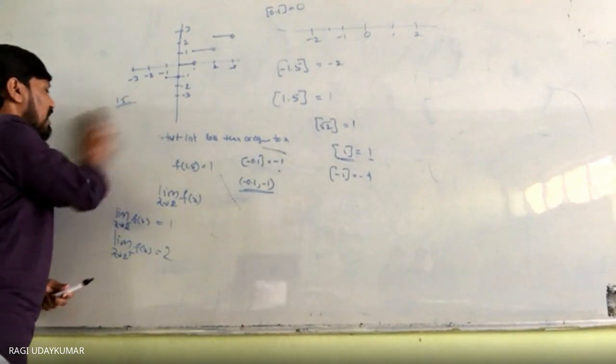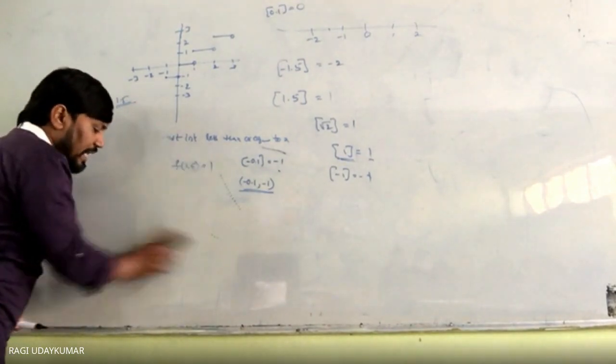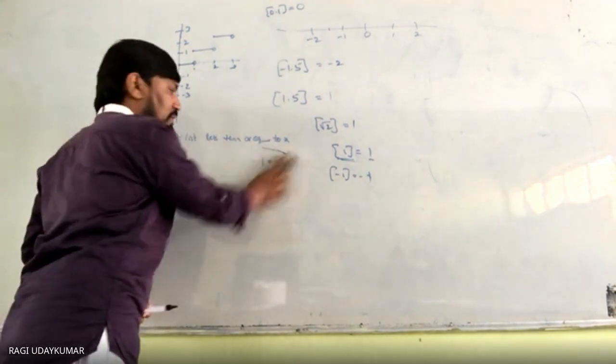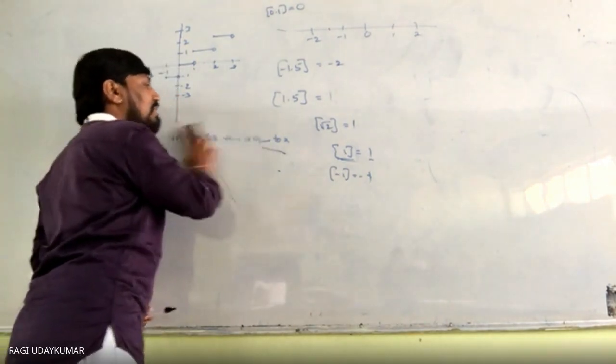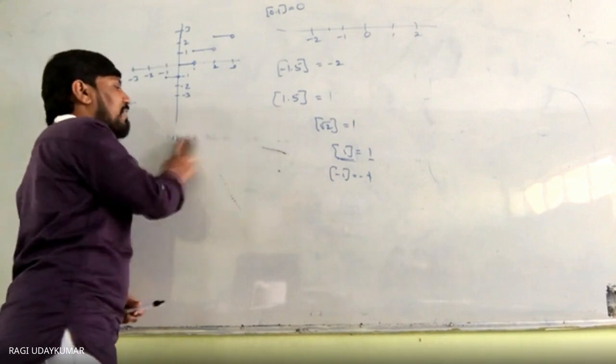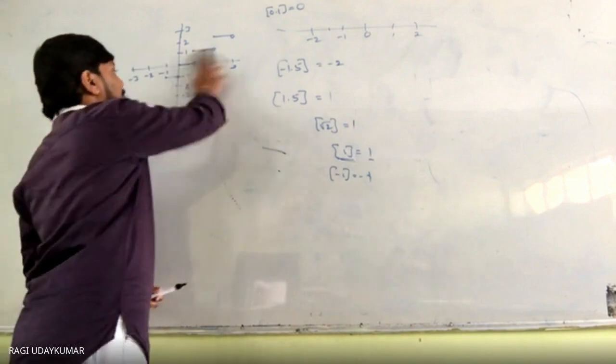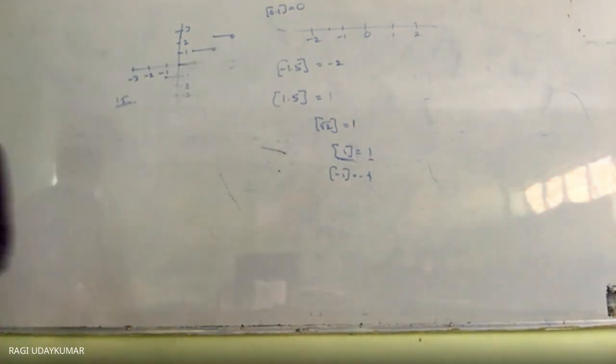So how do you define the derivative of a function? Do you remember? With the help of the limit only, we define the derivative of the function. And you have learned different derivatives in the previous classes.